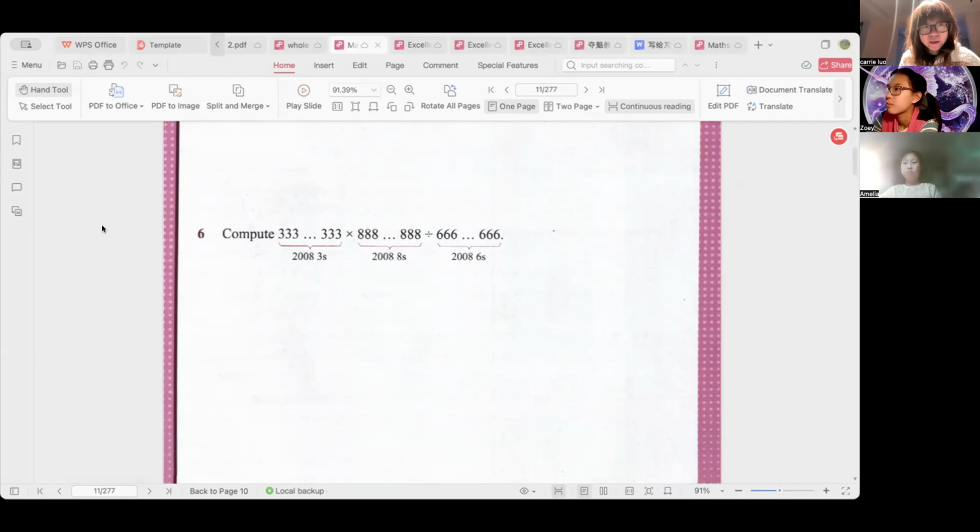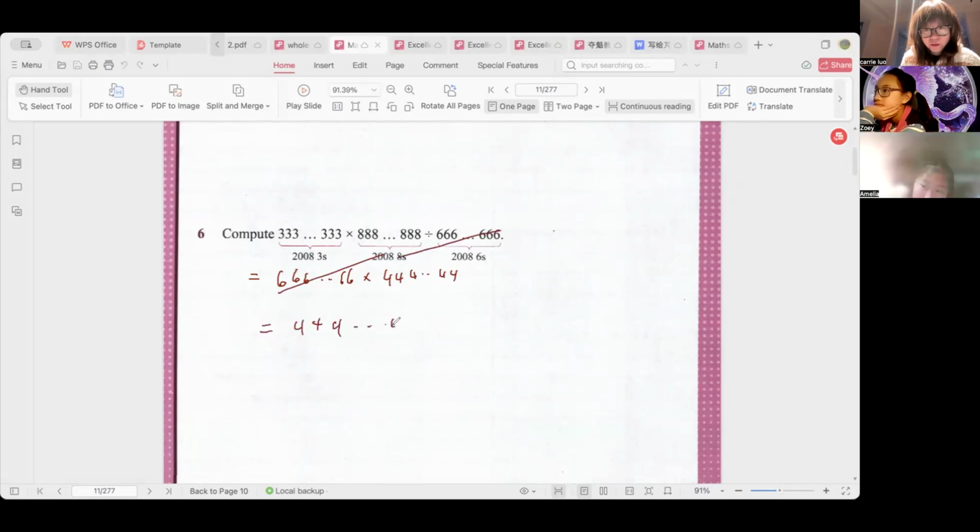So we can use 3 times 8. So we know that this one can be written as 6666 times 444. Right? The same thing. Right? But the 6 is gone. So the answer is 4 and a lot of fours.